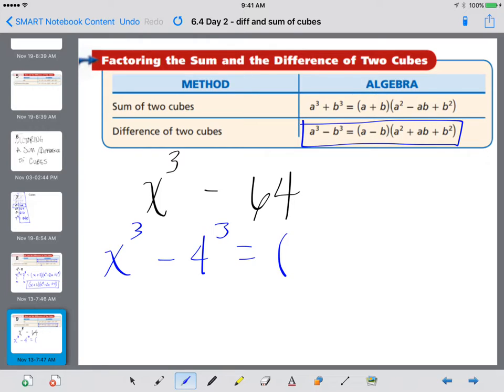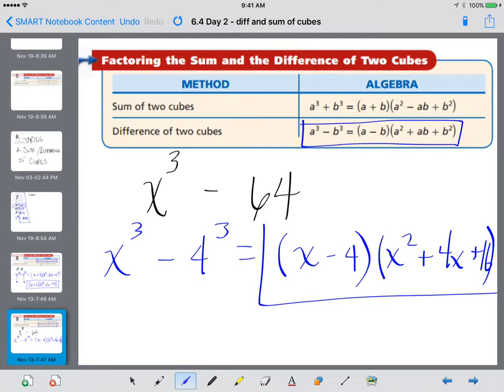So we've got a minus b, well that's going to be x minus 4, times x to the second. Multiply them together, we have plus 4x plus b to the second. If you just want to do 4 to the second right away and get 16, you may do so, and there's your final answer.